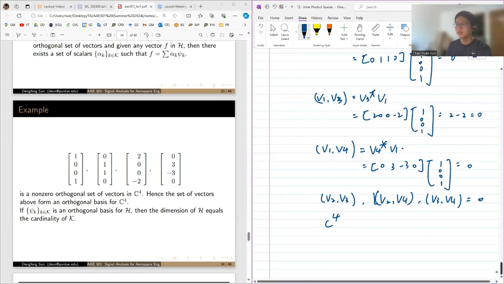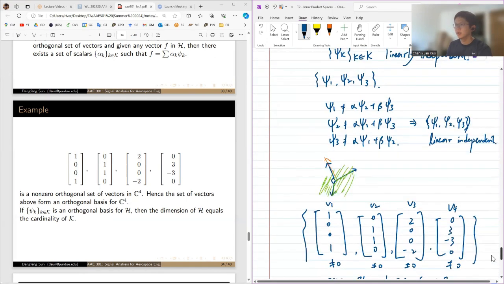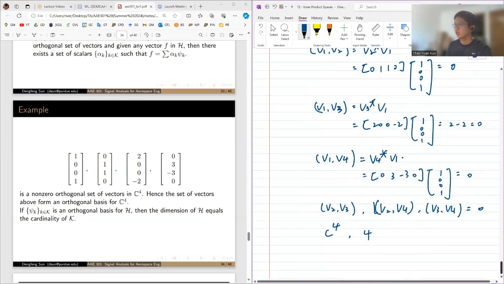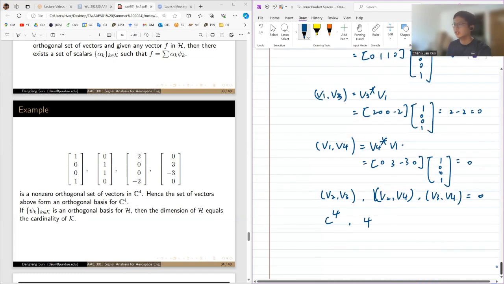Also, you can see that the dimension of C4 is obviously 4, because here the dimension will equal the cardinality of this set of vectors.